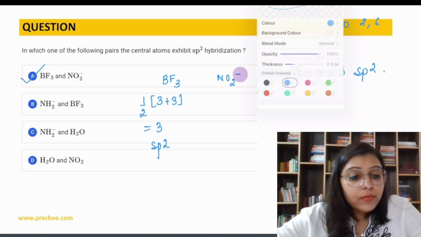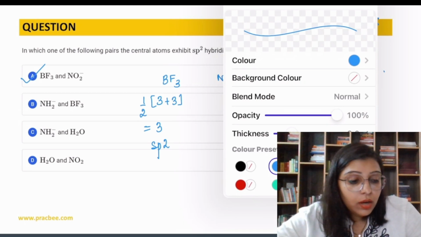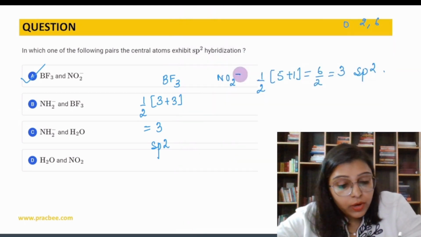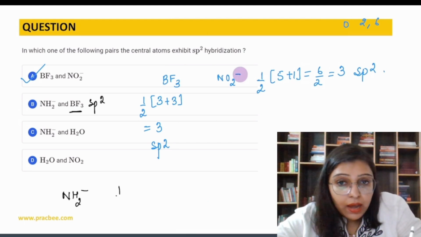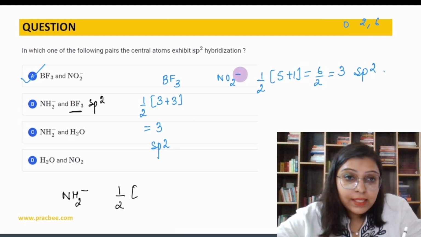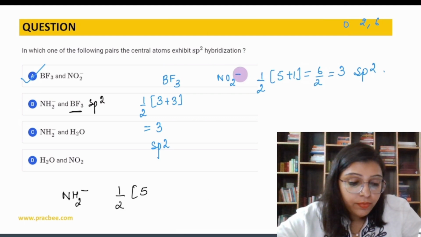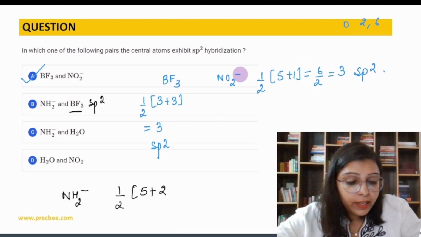Now let's check the other options. In option B, BF3 has sp2 hybridization. Let's check NH2 minus: half of the number of valence electrons in nitrogen, 5, plus monovalent atoms 2, plus magnitude of negative charge, plus 1. So we have 4.